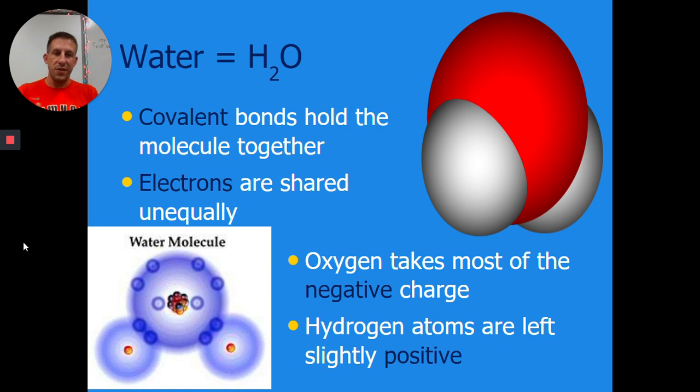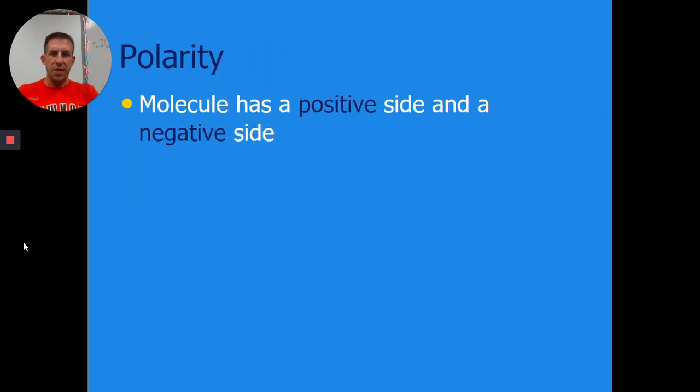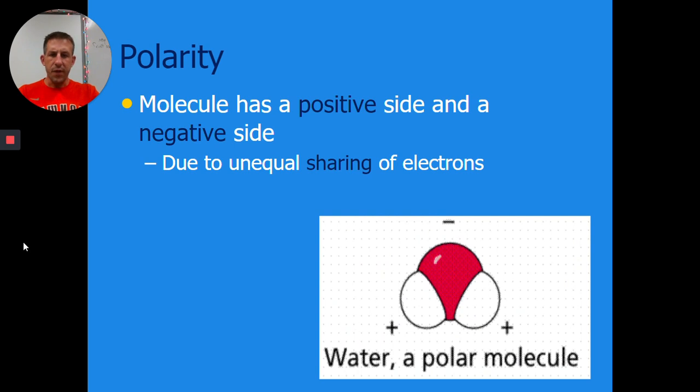Which is why we see that partial negative charge on the oxygen as opposed to the hydrogen, which is positive, okay? This results in a molecule that is polar, okay? And many of the unique characteristics and properties of water arise because of its polarity.